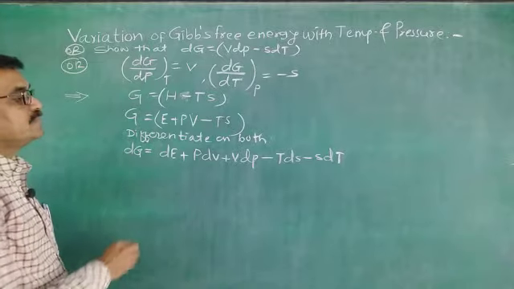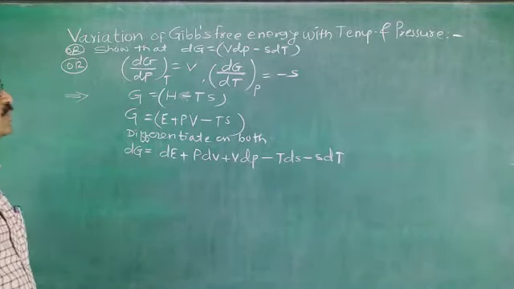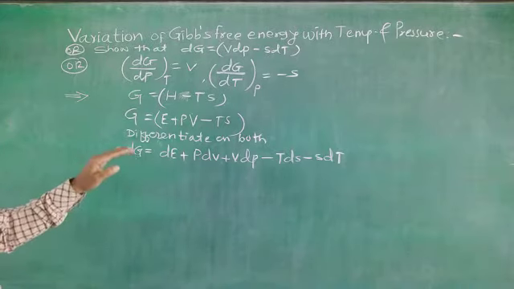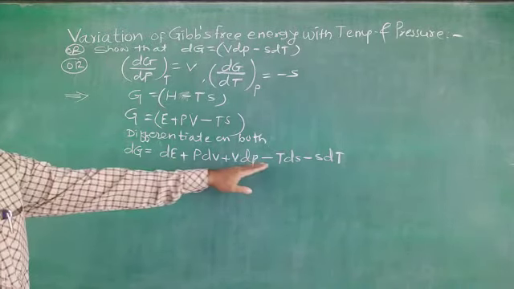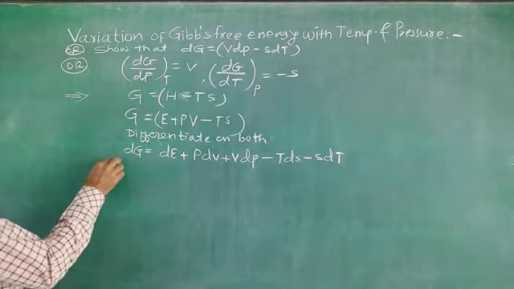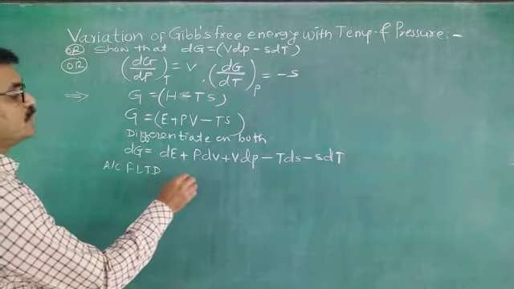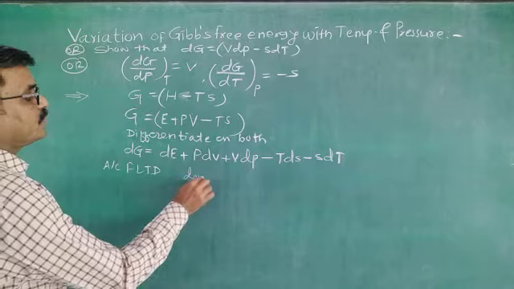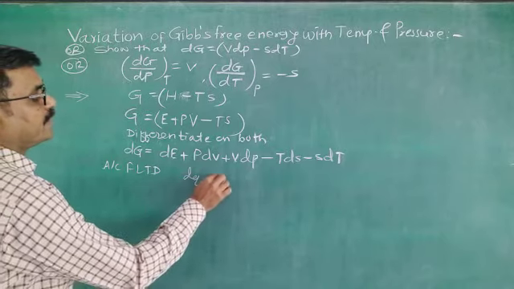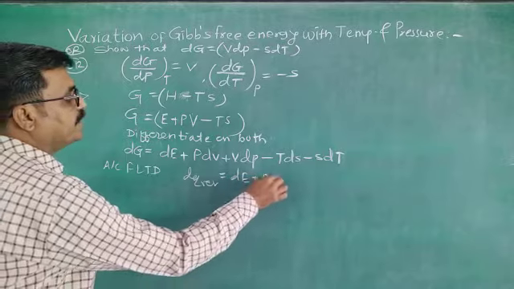Now in this equation we have to calculate TdS. How is it calculated? According to the first law of thermodynamics, dQ reversible is equal to dE plus PdV.